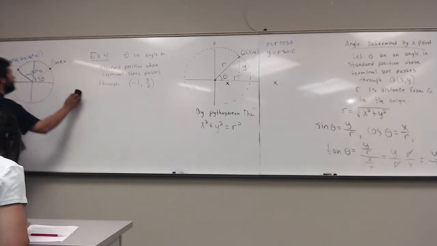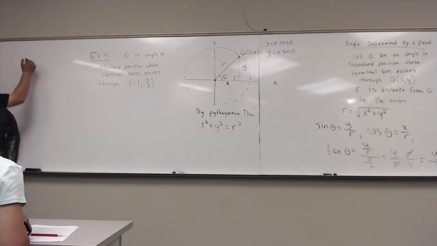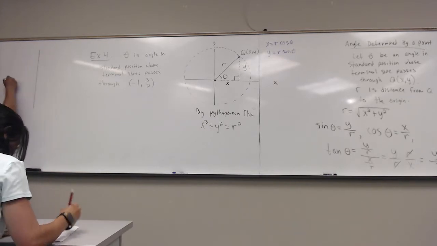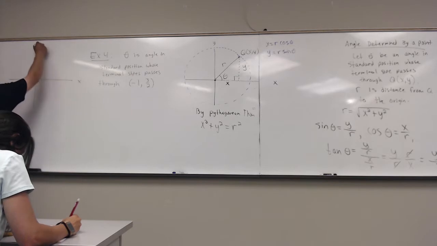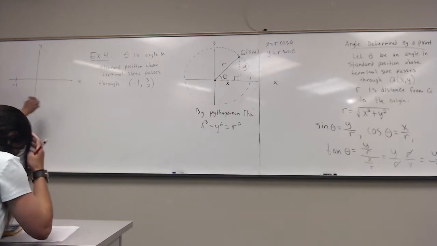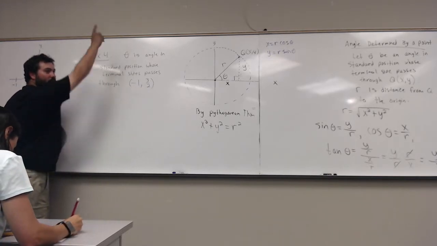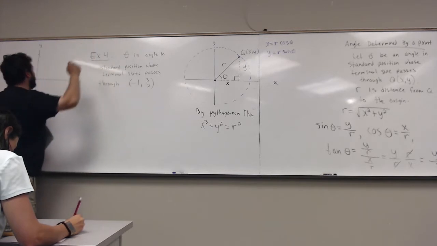So as usual with these things, before you try and do anything, you should draw your set of coordinate axes, the x and y axis, and then you should label this point. So you go 1 unit to the left, that's telling you to go 1 unit left. 3/2 is the y coordinate. You want to go up 3/2.